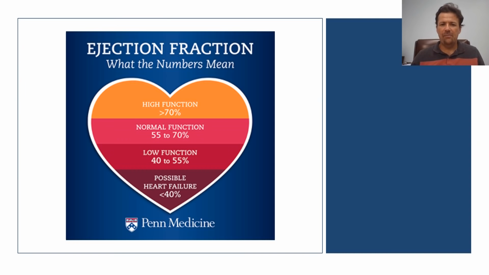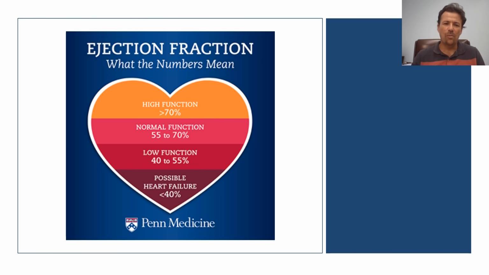And this diagram here from Penn just tells you the different values of ejection fraction. Athletes might have high functioning hearts with an ejection fraction of greater than 70%. And that's because their hearts usually have developed and they have a greater stroke volume to begin with, and their heart rates are lower.